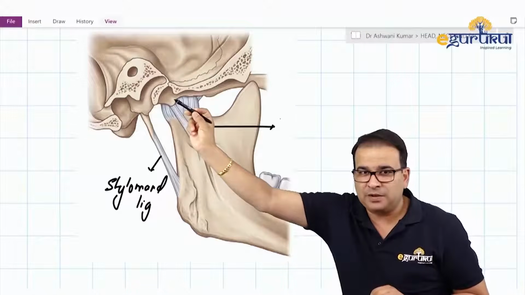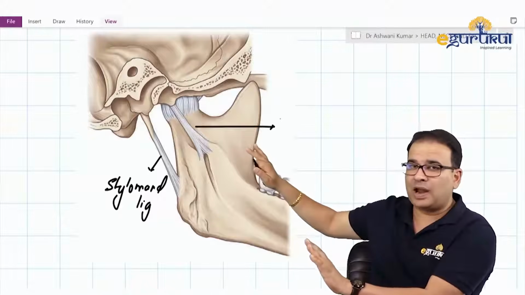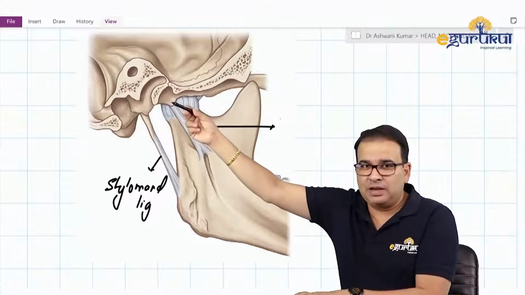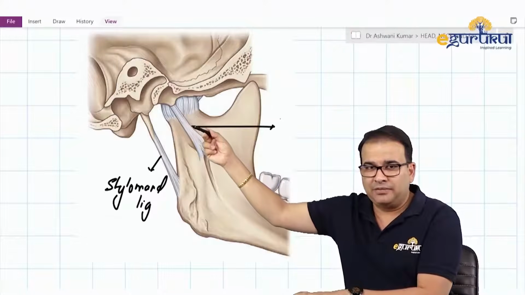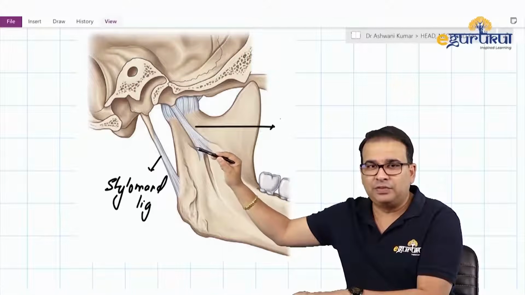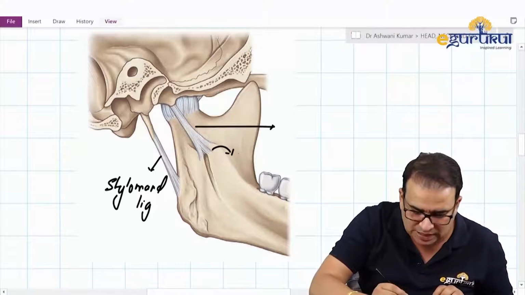So from that spine of sphenoid the ligament is coming, and this is the medial surface of mandible. Obviously, you're not looking at the mandible from the outer aspect, you're seeing it from the medial side. So from the spine of sphenoid, the ligament is running on the inner half here and is attached to a small tongue-like projection, which is guarding the mandibular foramen of the mandible, and that is called the lingula. This tongue-like projection here is called the lingula.